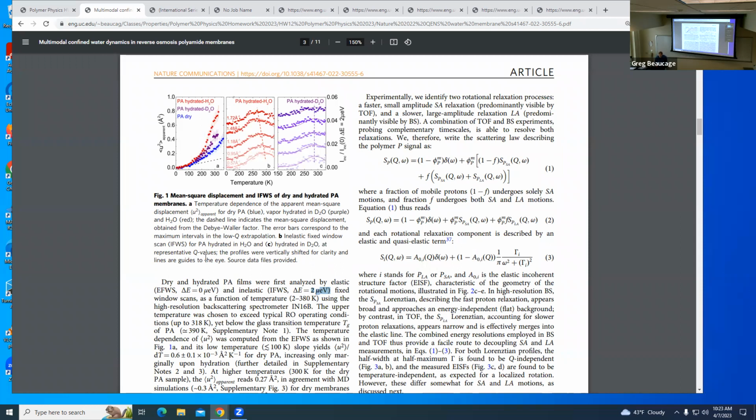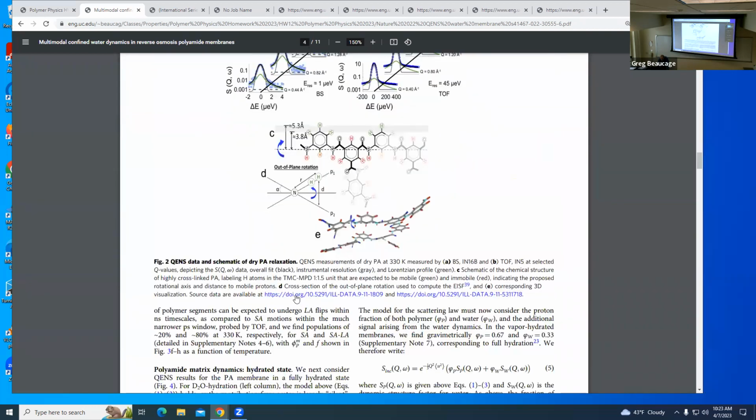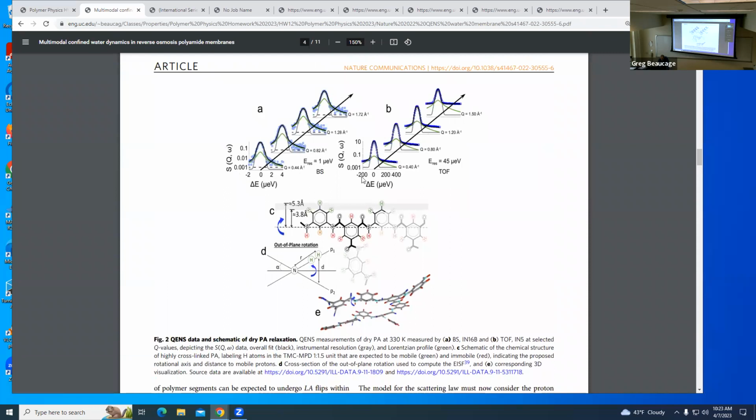Anyway, that's how it works out. So it's that amount of energy, and he scans all different energies here in the end. I mean, he's going to be doing energy scans. So here it's delta E in micro electron volts, and one's for the time of flight, which is small numbers, and one's a backscatter, which is large numbers. So he can measure different dynamics with the two instruments.